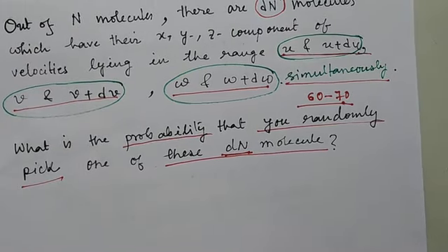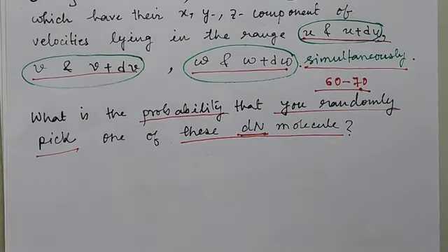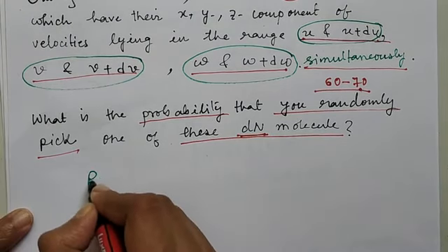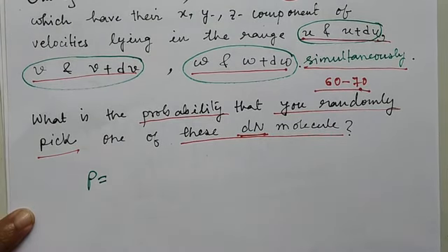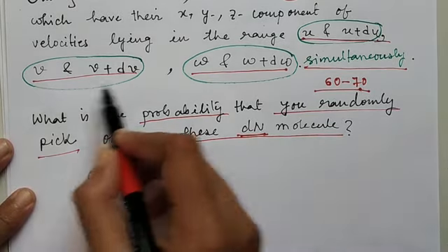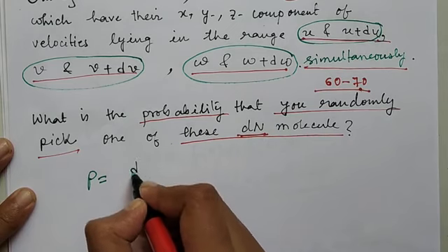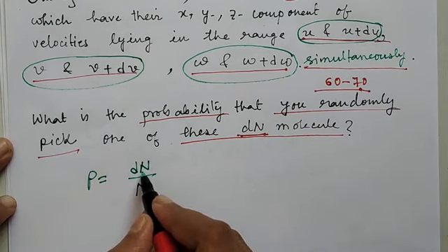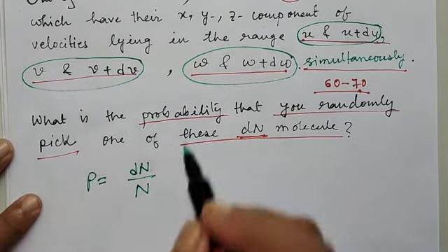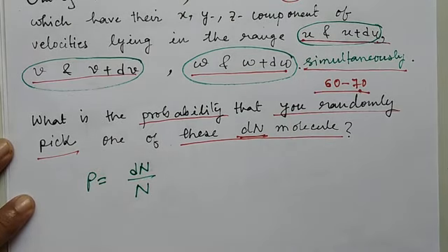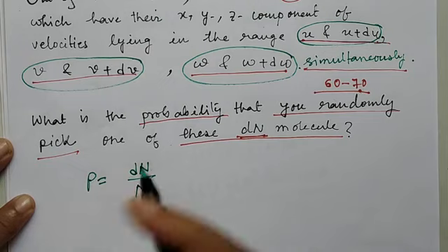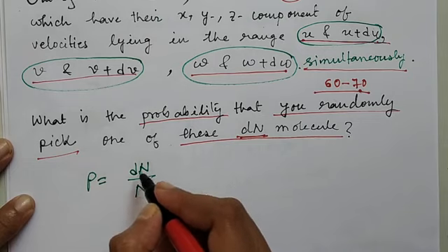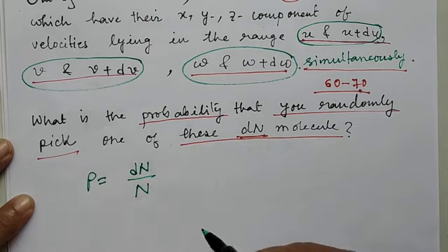Okay, so similarly in here also, the probability that you pick one molecule which has velocity components lying in the said range is dn by n. If there are n molecules and out of them dn molecules have their velocity lying in this range, then the probability that you pick one of the dn molecules is dn by n.